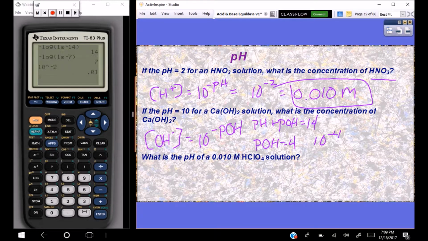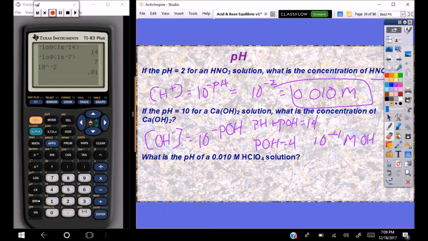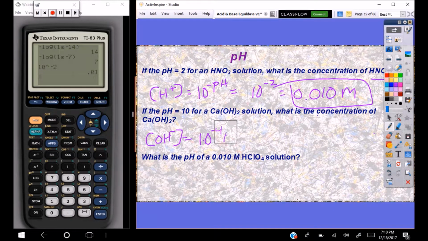And I could leave it like that, moles of OH. But again, I wanted the concentration of calcium hydroxide. So if I want my concentration of calcium hydroxide, I now have to look at the moles of everything. Okay. So I know that OH minus equals 10 to the negative 4th molar. But how many moles of hydroxide do I have for every 1 calcium hydroxide?